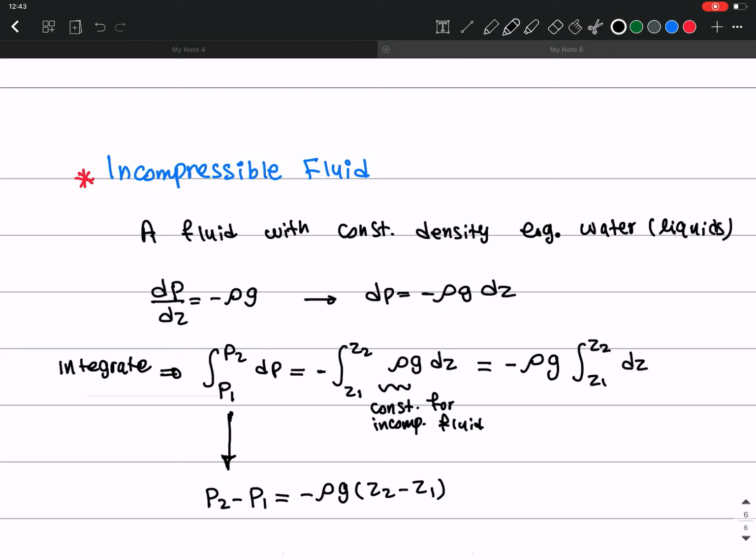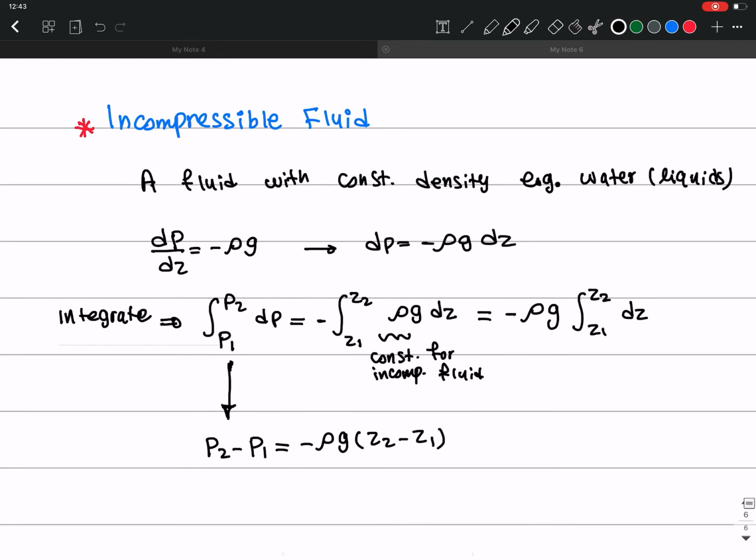This is the integral for two points in a fluid. For example, you have point 1 here and point 2 here, and they have z1 and z2. I'm just taking the integral for any two arbitrary points in a fluid, because I want to see the pressure variation in a fluid from point to point. And that was our original question.